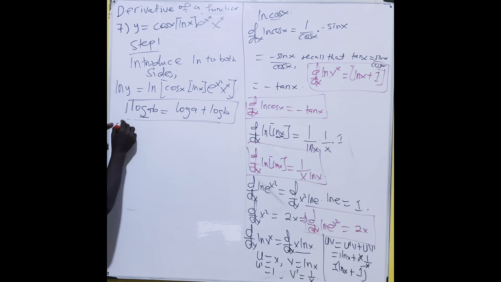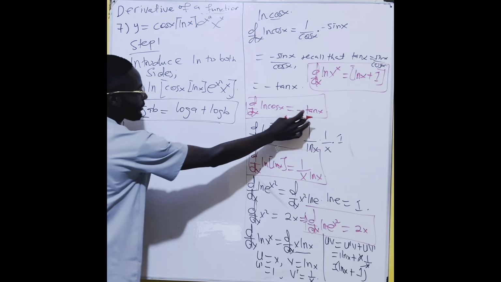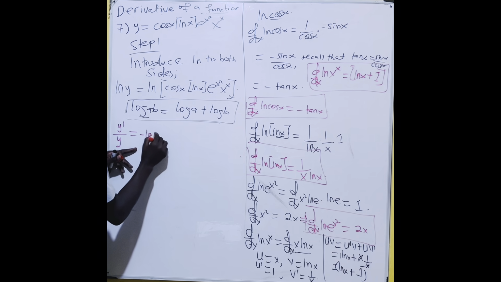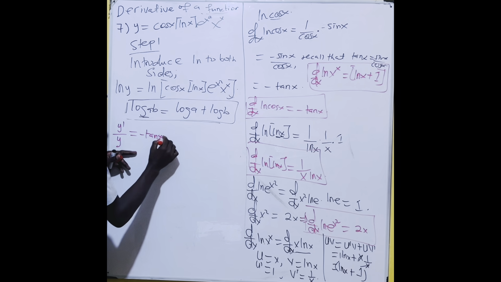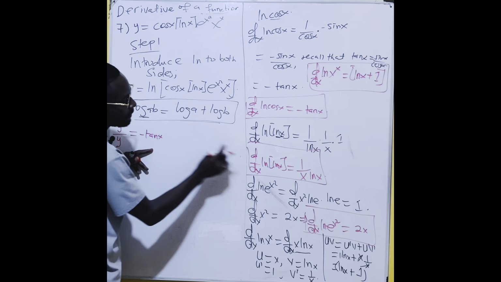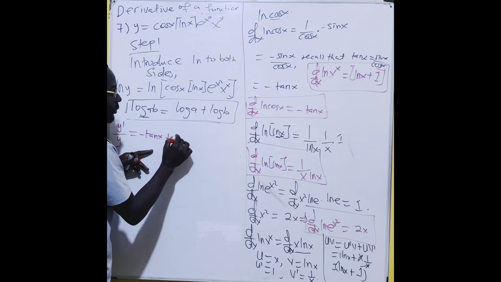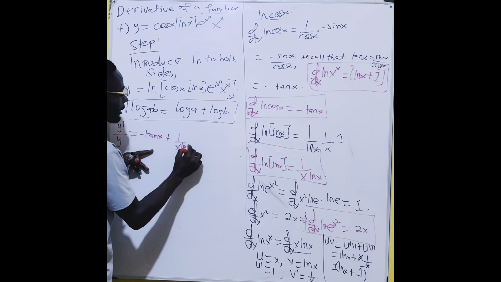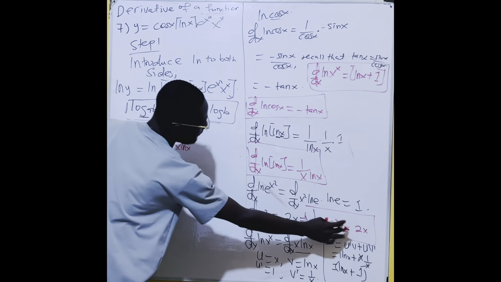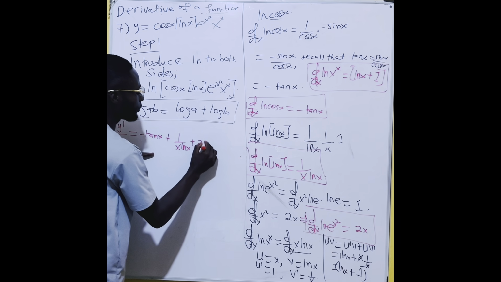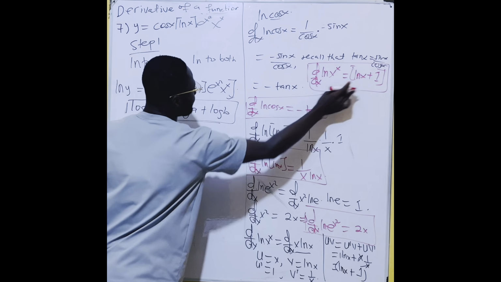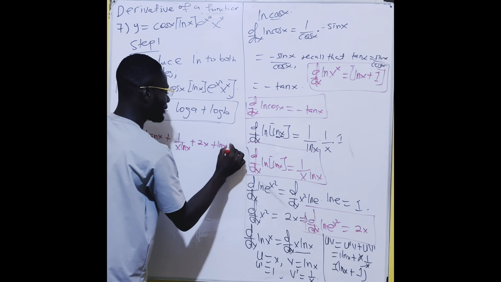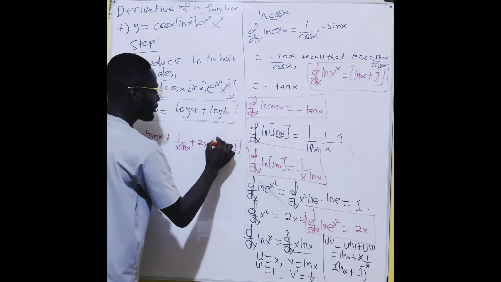We're going to have y prime divided by y equals, first term is negative tan x, and the second term is 1 over x ln x, and the third term is plus 2x, and the fourth term is ln x plus 1, right?